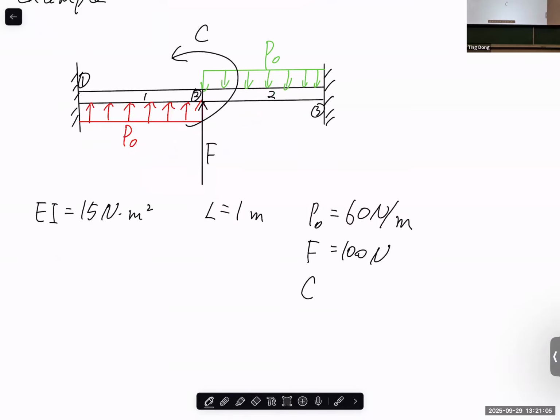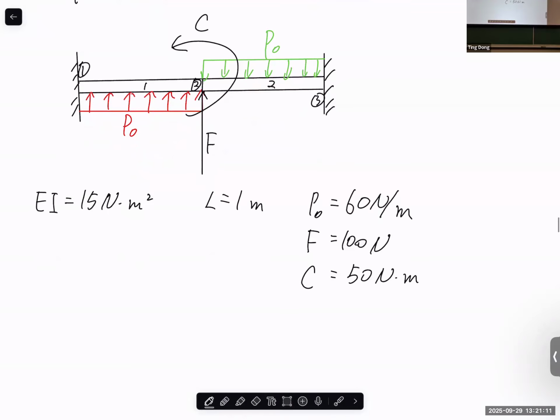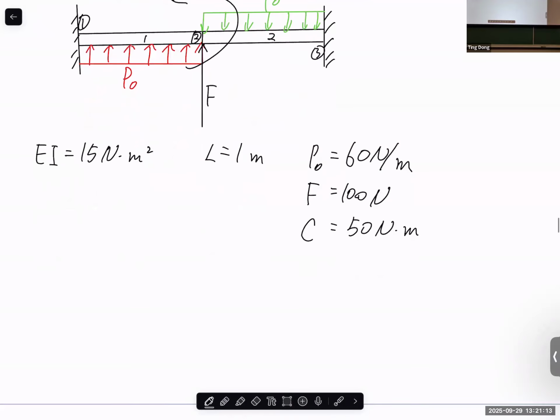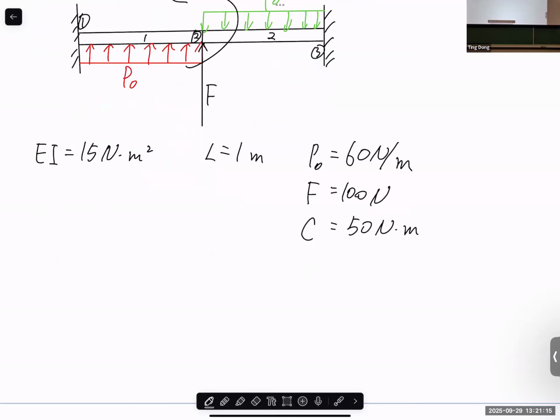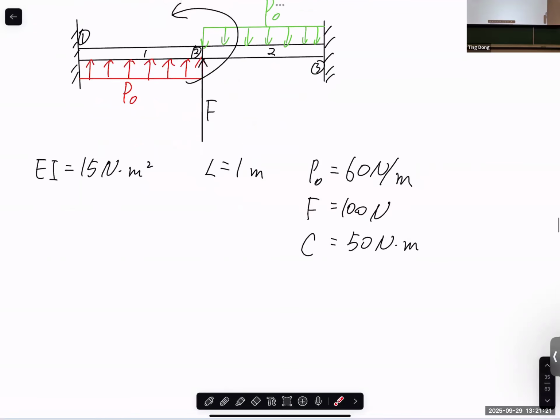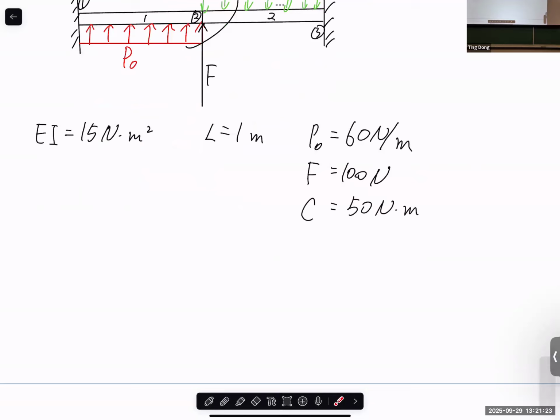For the couple applied at the midpoint, it is equal to 50 Newton times meter. Couple equals force times distance, so Newton times meter. Be clear about the unit here. Distributed force times the length equals force. And of course, the question is to find the deflection and the rotation at node 2.